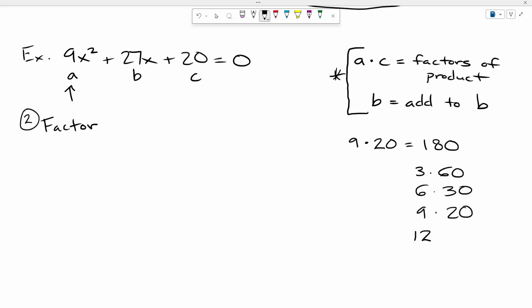But what about, because 12 would go into 180, 12 times 15. Well, just by eyeballing it here, 15 plus 12 gets us 27, so I have a feeling that these are going to be our two factors that are going to work for us. Factors of 180 that add to 27. So let's try them out here.